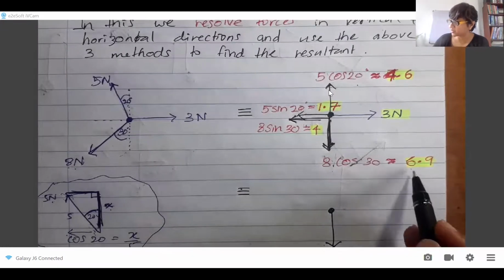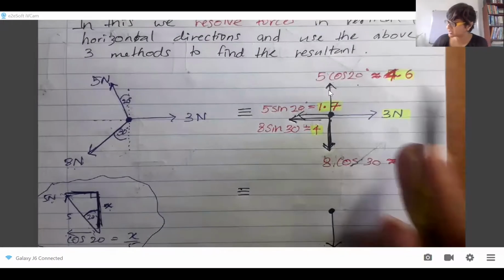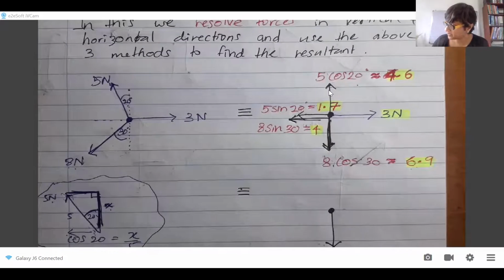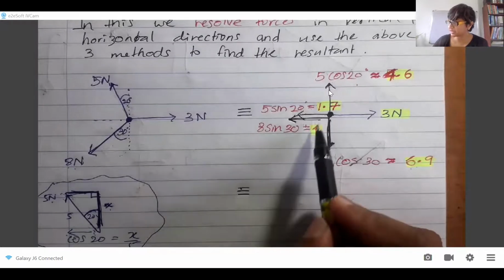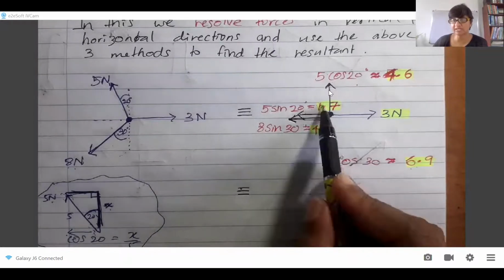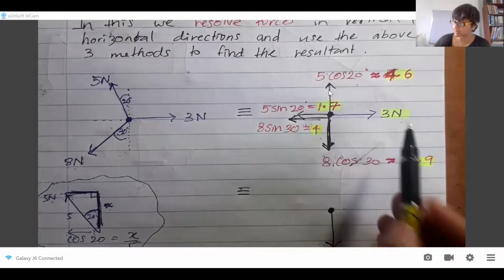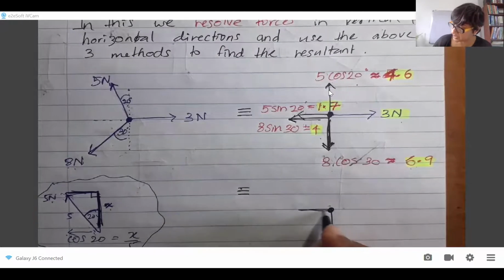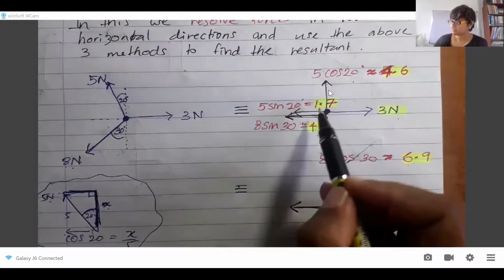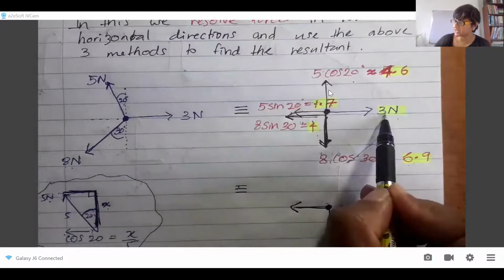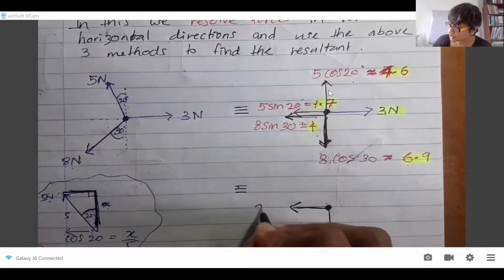How much is that? 6.9 minus 4.6, 2.3. And along this way, these two can be added. This is 5.7, and then that will be subtracted. You will get something this way. 5.7 minus 3 is 2.7.